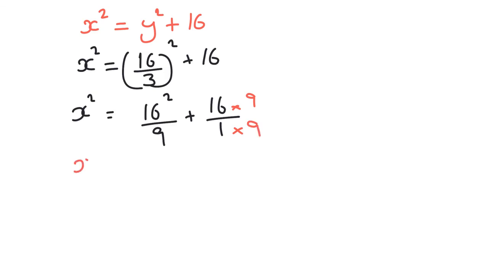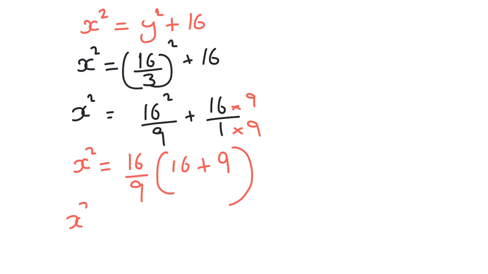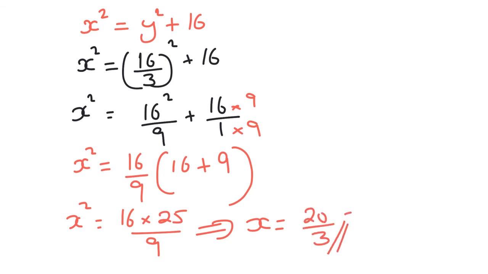So x squared is equal to 16 over 9 common, and we are left with 16 plus 9. So we have x squared is 16 times 25 over 9. If you take square roots, x will be equal to 20 over 3, which is nothing but TP.